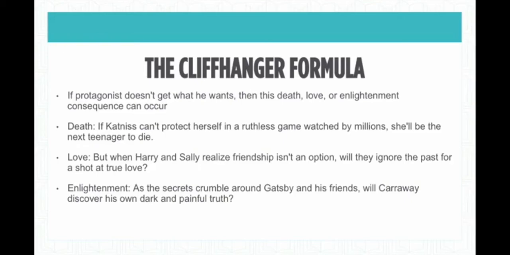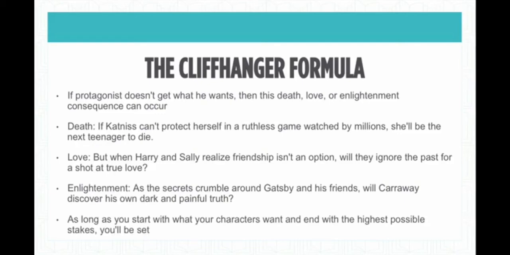So you kind of need to go in a different direction. Will it change them forever? So, if the protagonist doesn't get what he wants, this bad consequence could happen. Now, as long as you start with what your characters want and you end with the highest possible stakes, you are going to be set.